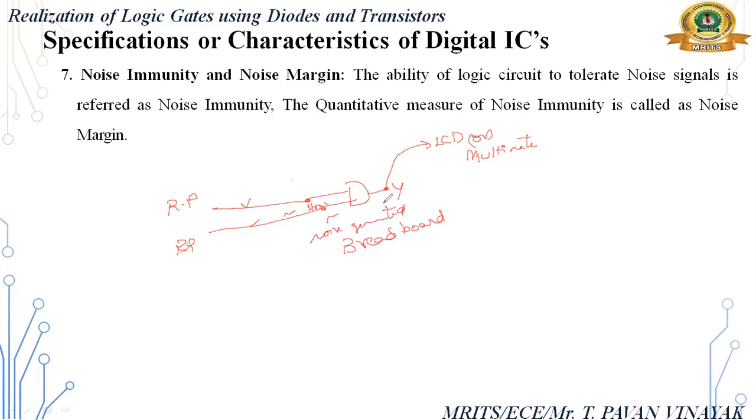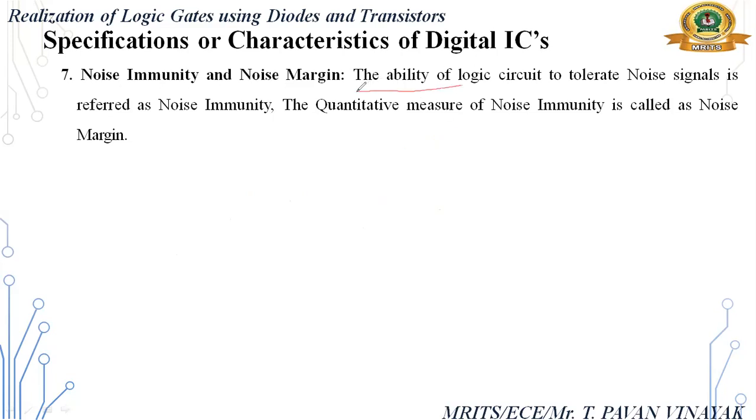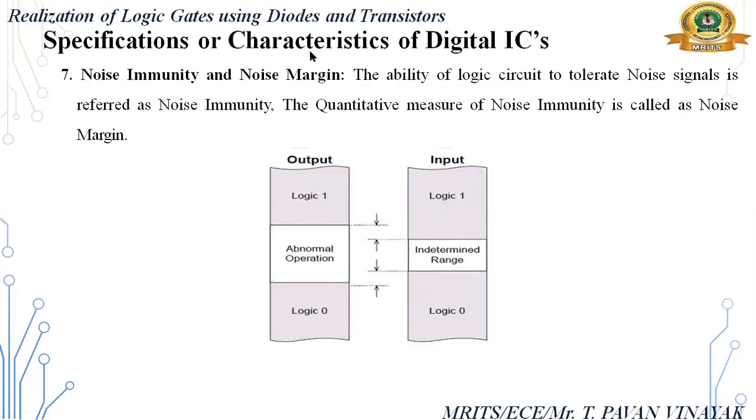The ability of a logic circuit to tolerate noise signals, means suppose I am giving 1 1 and we get output as 1 even though they both have contacted and formed the noise, is called noise immunity. And the quantitative measure of noise immunity is called noise margin.